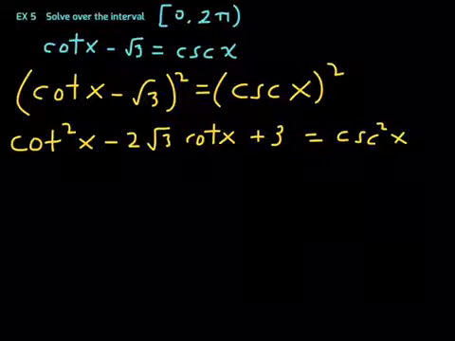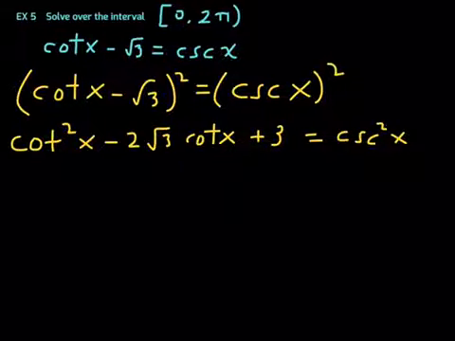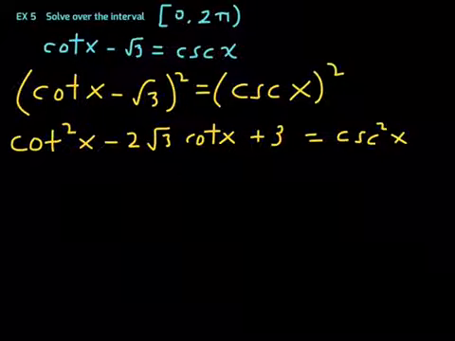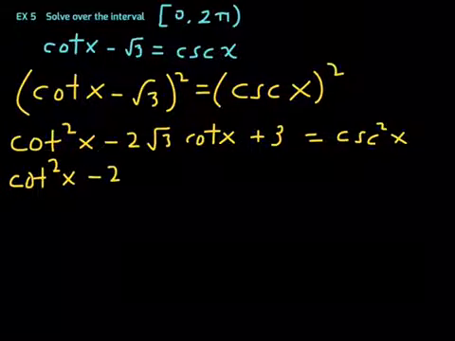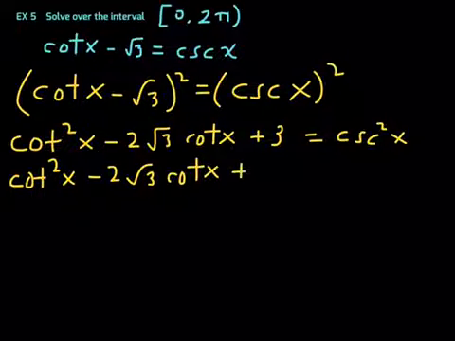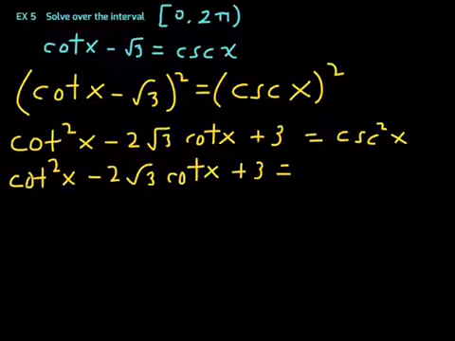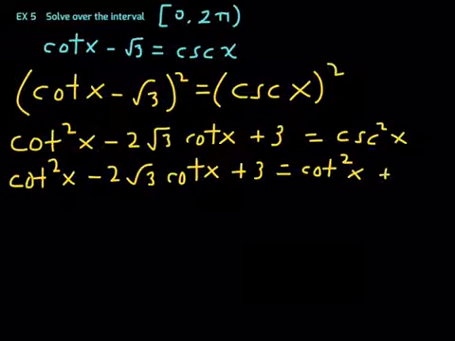Okay, now that everything is in terms of cotangent squared and cosecant squared, of course, except for this middle term here, it's just cotangent of x, I can use my Pythagorean identity to rewrite the right-hand side. So just hang tight. Okay, my Pythagorean identity says that cosecant squared of x is the same thing as cotangent squared of x plus 1. I hope you remember that identity.